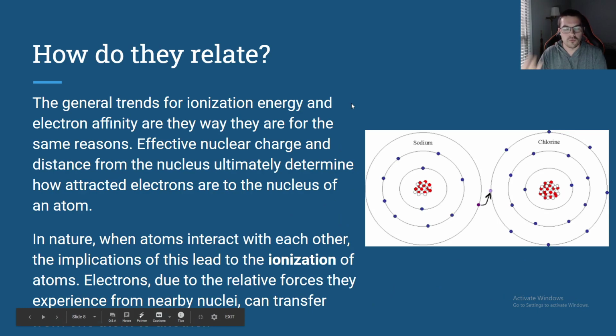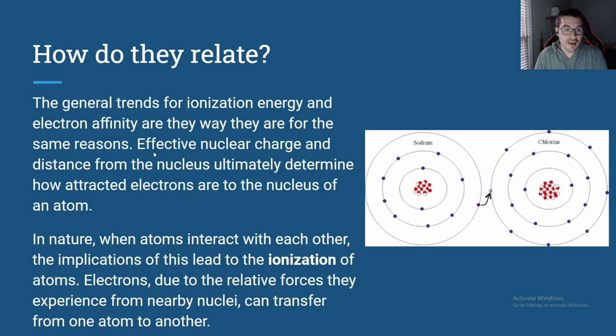So how exactly do ionization energy and electron affinity relate to each other? Well, I'm just going to read this here. It says the general trends for ionization energy and electron affinity are the way they are for similar, really the same, reasons.